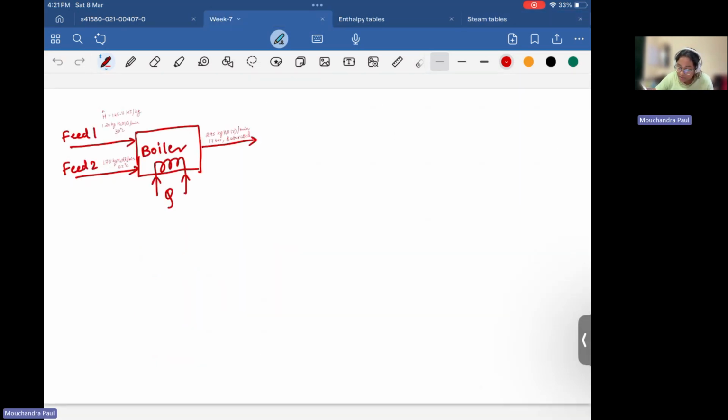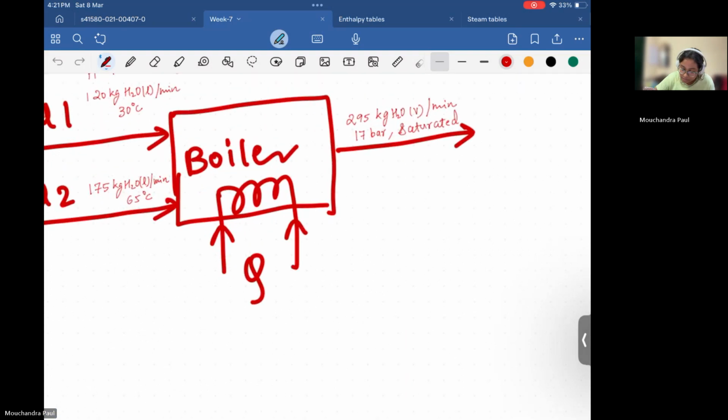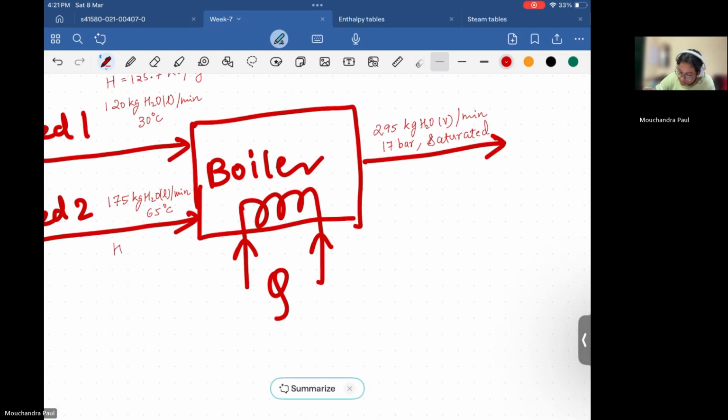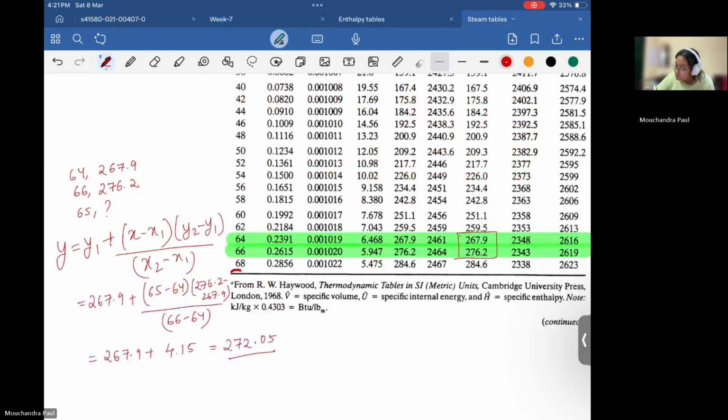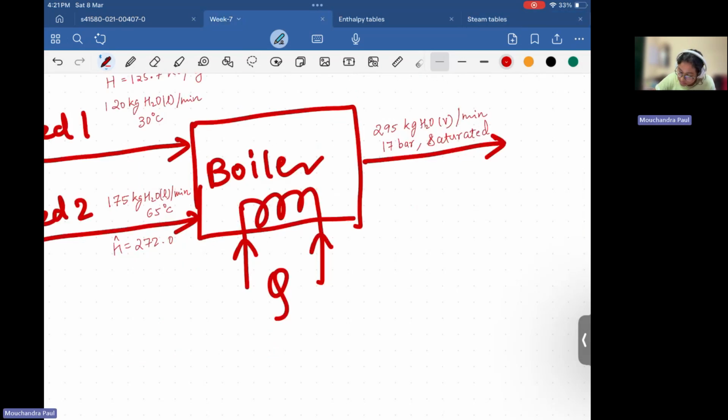So let's write it here. H cap is 272.05 kilojoule per kg.